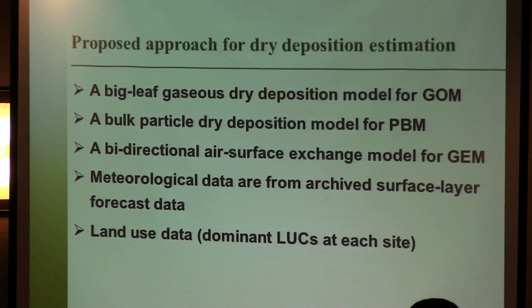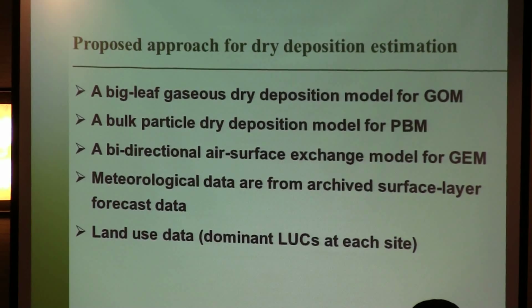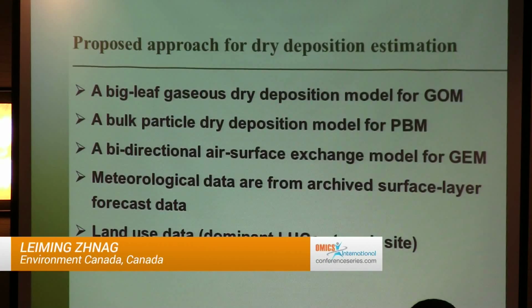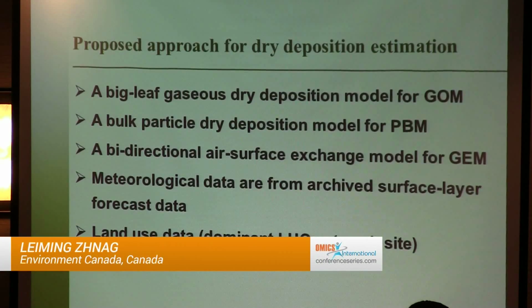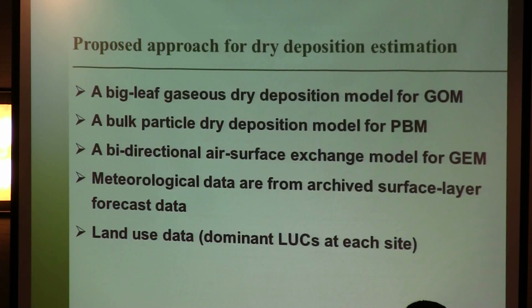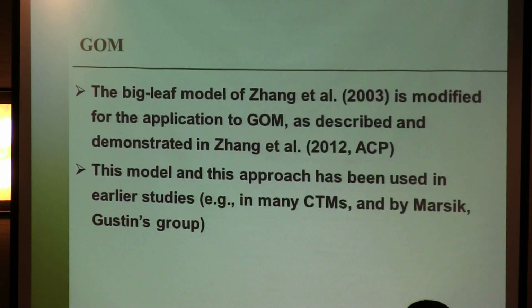So the Canadian forecast model, I think, is a very good one. It has a nested grid, with high resolution over North America and rough grids outside North America. So it's a global forecast model. For land use data, we can either get it from on-site observation or from remote sensing. That's easy.